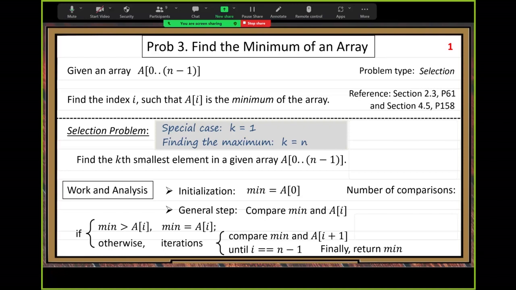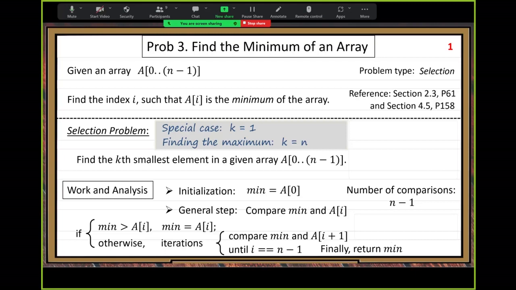So you should not include the first element. Then for each of the remaining elements, you do one comparison. So the final answer is n minus 1 comparisons.